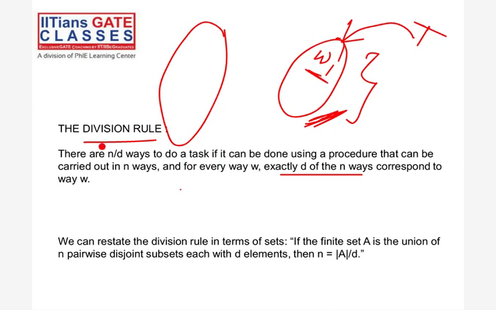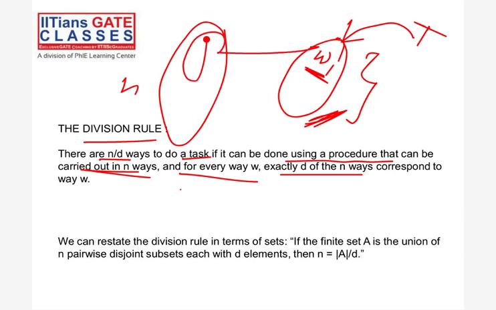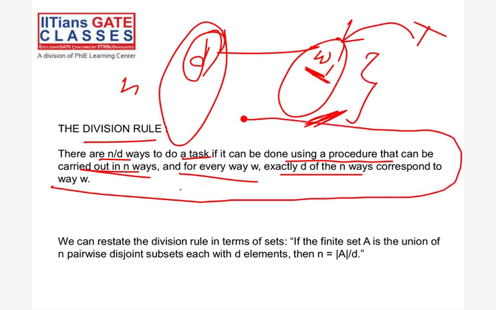Now he is saying that there are n by d ways to do a task if it can be done using a procedure that can be carried out in n ways. So this n is the cardinality of this. And for every way w, exactly d of these n ways correspond to this w.